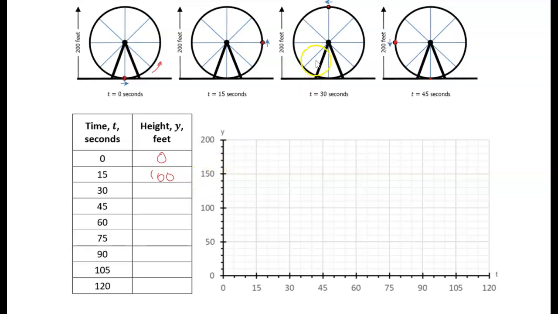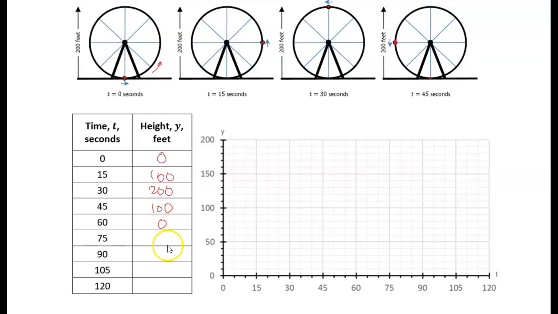At 30 seconds, we're all the way at the top, so we're 200 feet up. At 45 seconds, we've come back down to 100, and then, assuming we're rotating at a constant angular velocity, at 60 seconds we're back down to where we started.